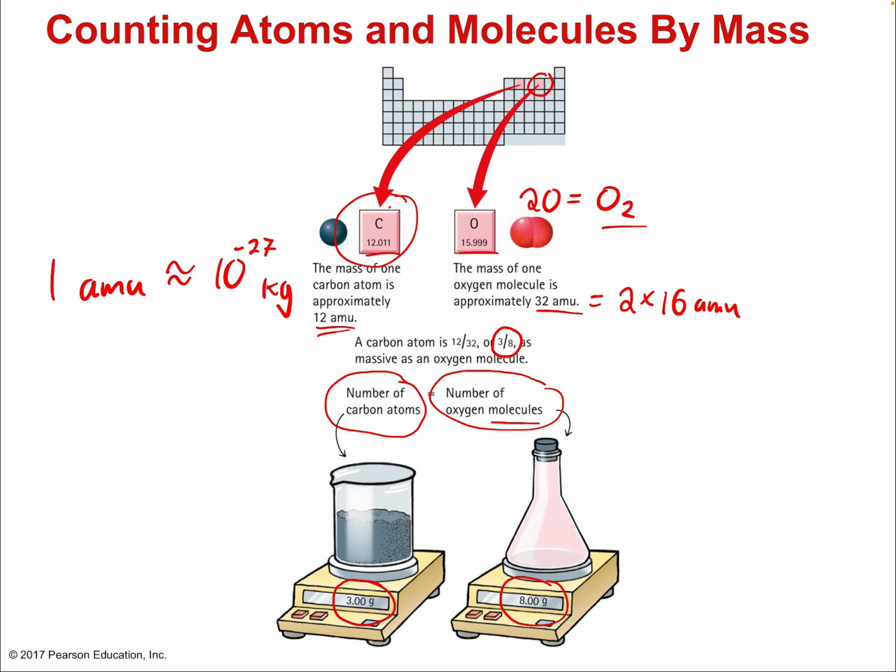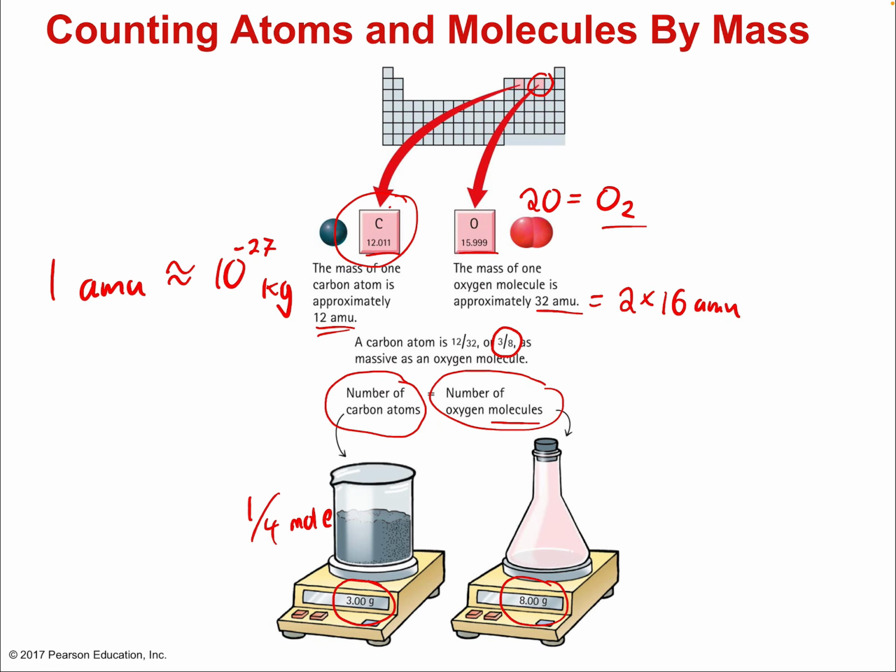Now, to be clear, because we talked about it before, these are not 1 mole of each, because if it was 1 mole of carbon, it would actually weigh 12 grams. But obviously this is a fraction of a mole. In fact, we know exactly how much. It's 1/4 of a mole. We know it's 1/4 of a mole because we know that the number of grams in 1 mole is always just equal to the atomic mass numerically.